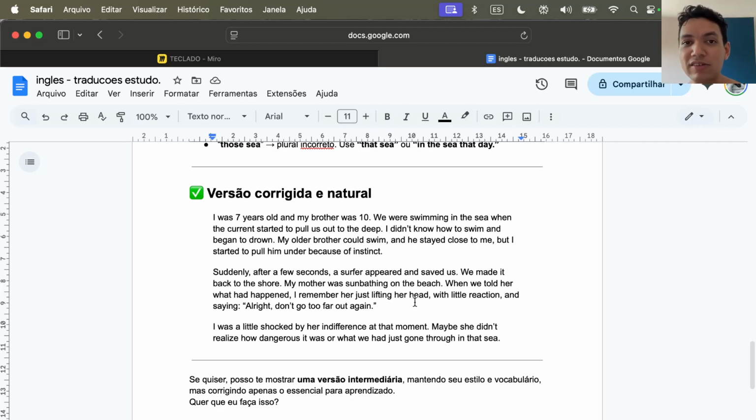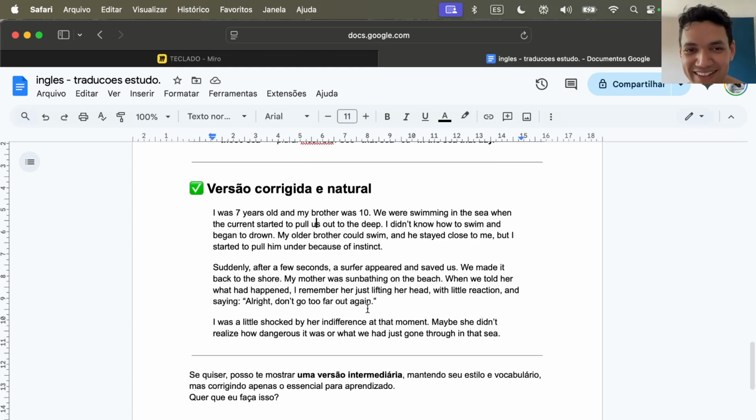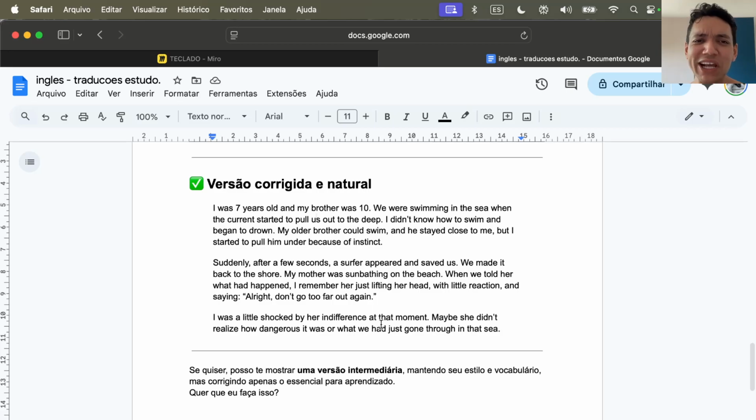My mother was sunbathing on the beach. When we told her what had happened, I remember her just lifting her head with little reaction and saying, "All right, don't go too far out again." I was a little shocked by her indifference at that moment. Maybe she didn't realize how dangerous it was, or what we had just gone through in that sea.